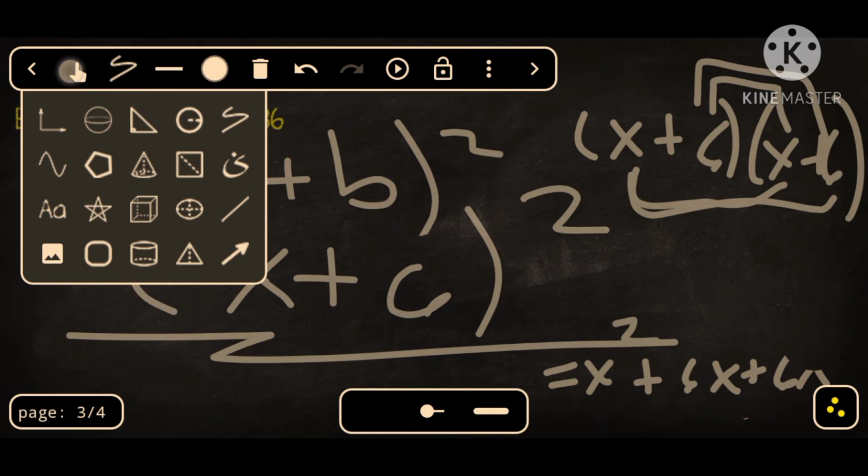Then simplify. 6x plus 6x is 12x. So our answer is x squared plus 12x plus 36, applying the FOIL method.